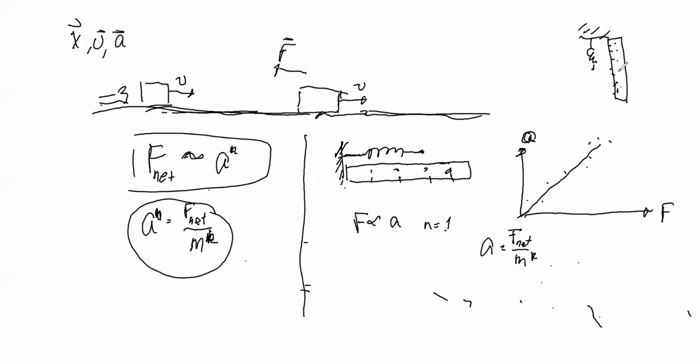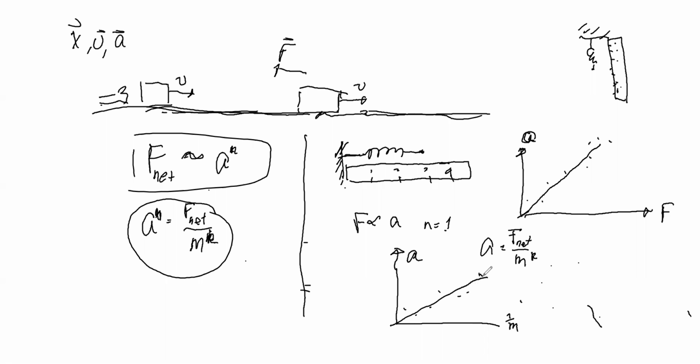There too, we plot that data. For a given force applied to different masses, we plot the acceleration as a function of the inverse of that mass, and we'll find this straight line.